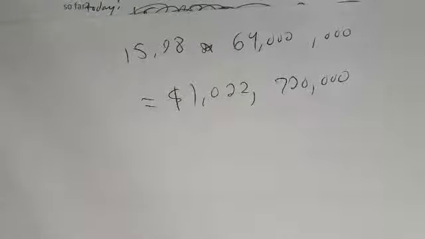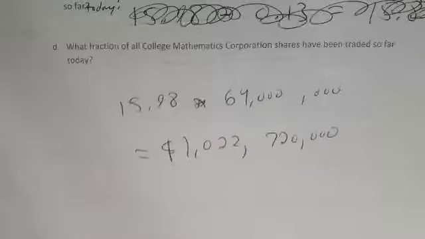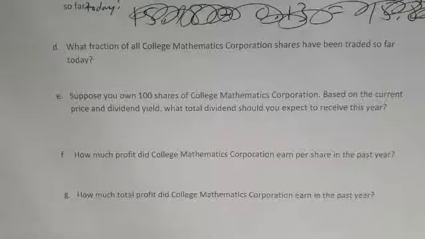Okay, and part D says, what fraction of all College Mathematics Corporation shares have been traded so far today? So there are a few ways to do this, but I want to save a little space on my zeros.